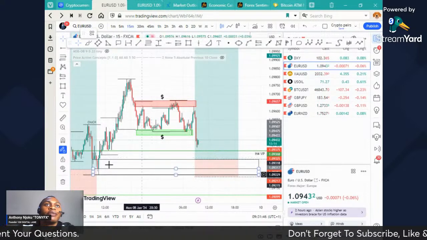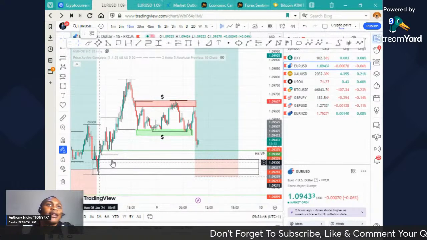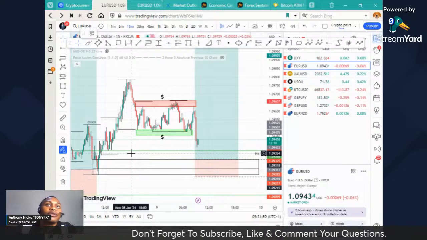This is a refined order block we saw, and it has not been mitigated yet.